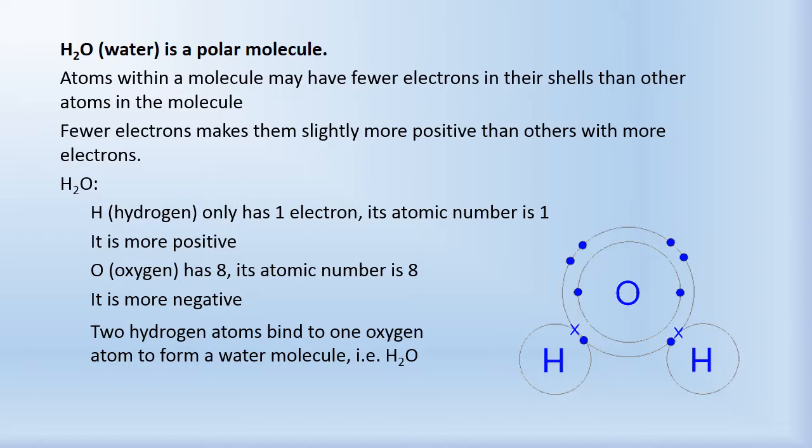In terms of the water molecule itself, 2 hydrogen atoms bind to 1 oxygen atom to form a water molecule, i.e. H2O, hence the 2 after H. Because hydrogen only has one electron, it wants to share one of oxygen's electrons to give it a pair of electrons in its only shell.